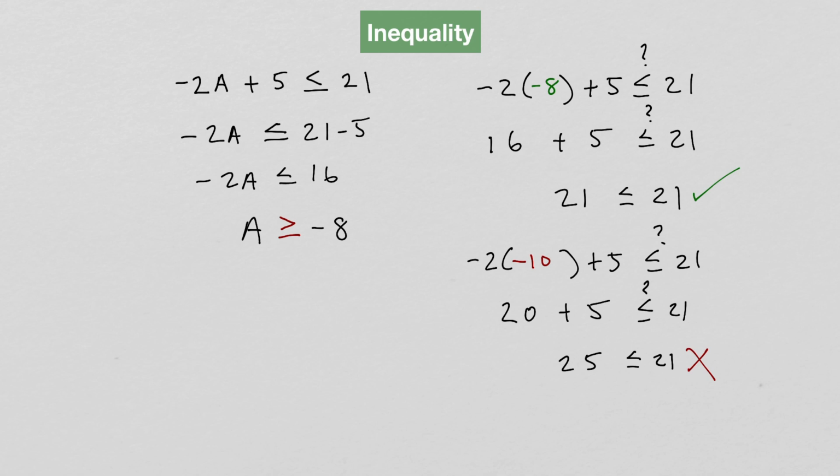Okay, so now I've shown you how to solve an inequality. Now I'm going to show you how to graph an inequality on the number line. In the first example, we solved for x and we got x is greater than 5/2. To graph this, we're going to draw a number line, and we're going to label this 5/2. We want to graph this number line to represent all values of x greater than 5/2.